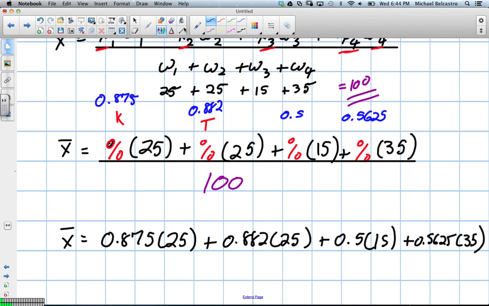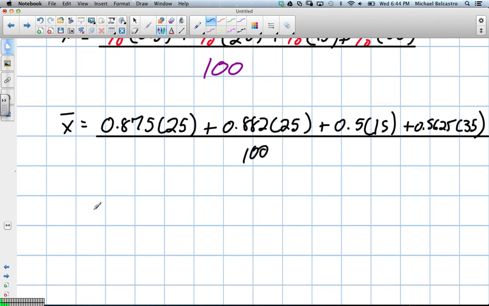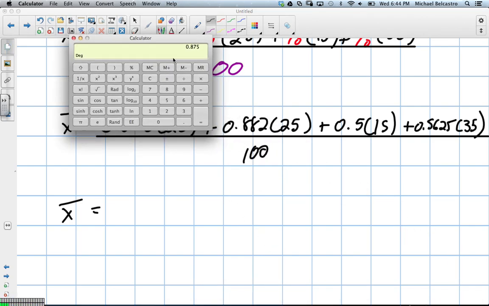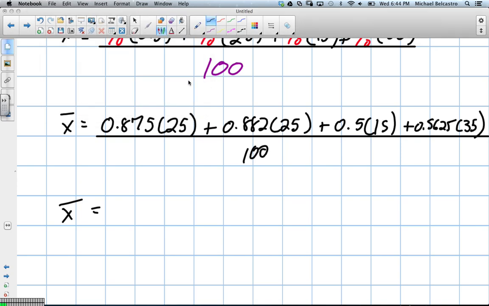And again, because we added all of our weightings together, in this case it just so happens to be out of 100. So let's put these values together. 0.875 times 25 is 21.875.